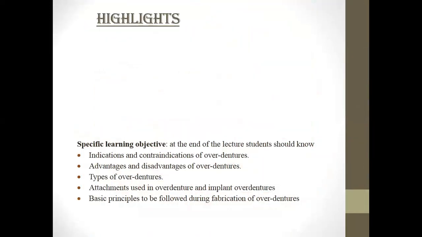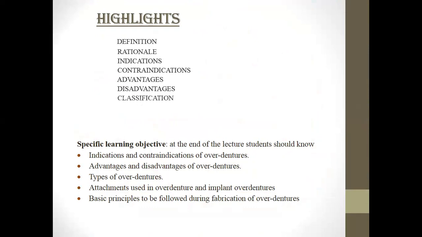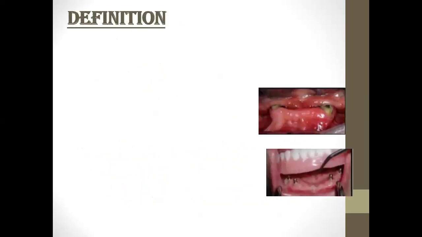So in this lecture, we will cover certain learning objectives: the indications and contraindications of overdentures, the advantages and disadvantages, types of overdentures, attachments that are used in overdentures, and a little bit about implants as well in overdenture treatment. So we'll be covering them under these topics, including definition, the rationale, indications, contraindications, advantages, disadvantages, and then the classification followed by procedure, and then a little bit about implant supported overdenture.